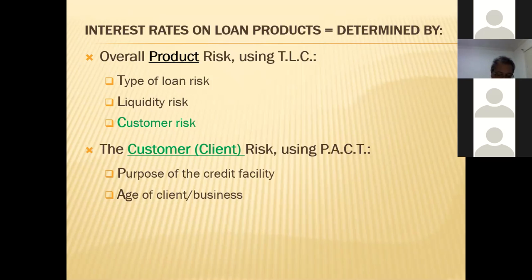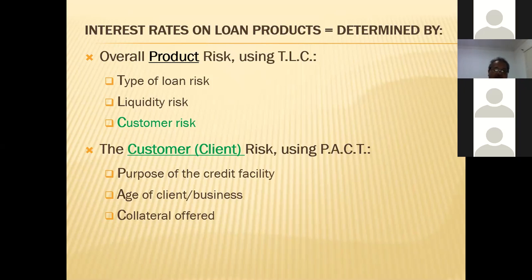The third thing to consider, the C in PACT, with regard to customer risk, is the collateral offered. What collateral is the client offering? Is it real estate? Is it cash?